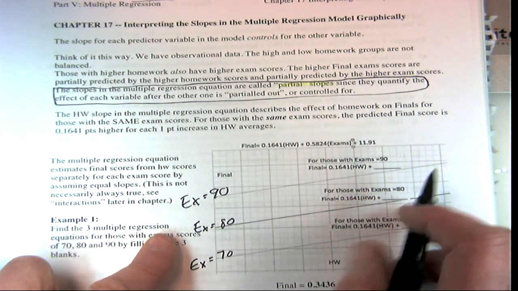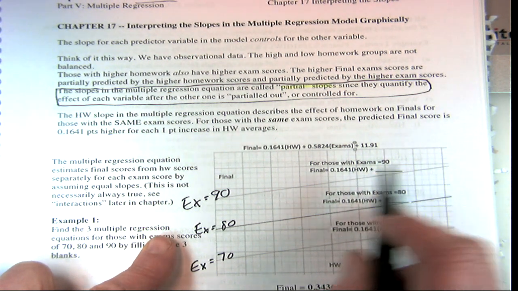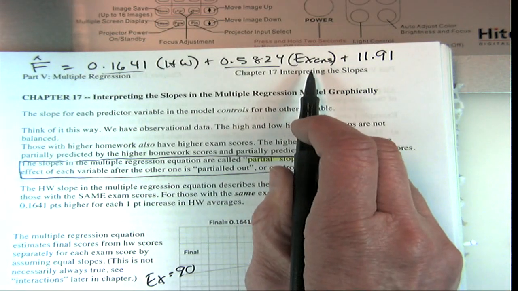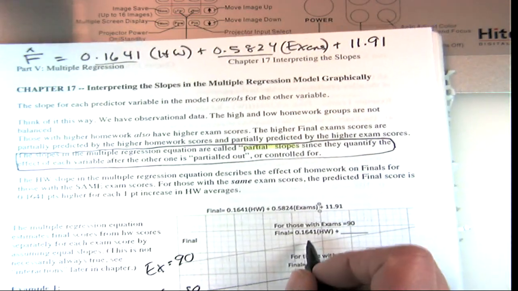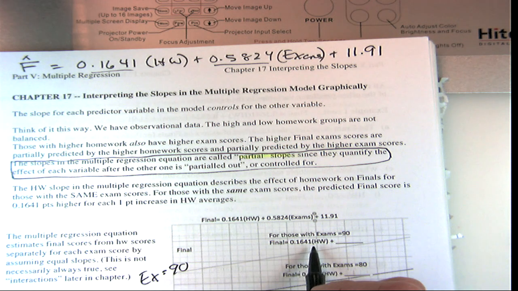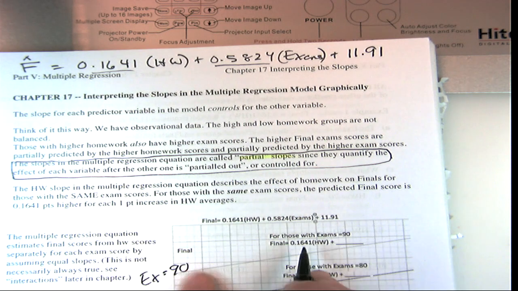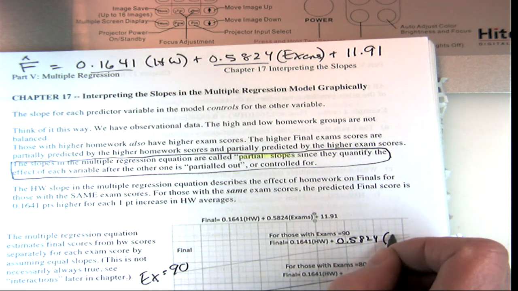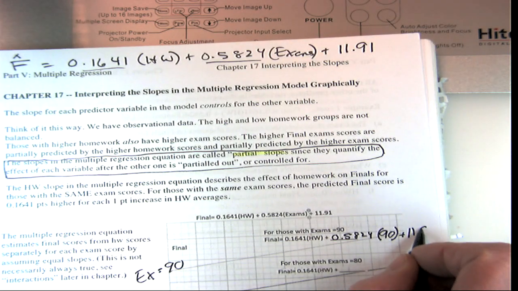All right, so now what are we going to do? Okay, so for those who have 90 on exams, we'll just plug 90 in for exams right there. I can see it better up here. I'll plug 90 in there and get an equation, okay? So I get 0.1641 times the homework. That's the little effect of the homework, this slight upswing that's the slope for that, plus 0.5824 times 90 for these people who have 90, plus the intercept.